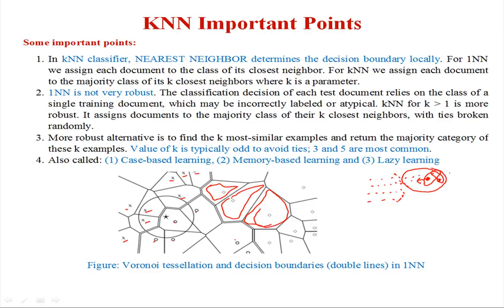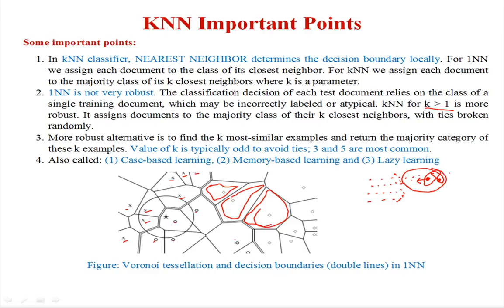So generally with k greater than 1, it is more robust, and it assigns the documents to the majority class of their k closest neighbors with ties broken randomly. A more robust alternative is to find the k most similar examples and return the majority category of these k examples.